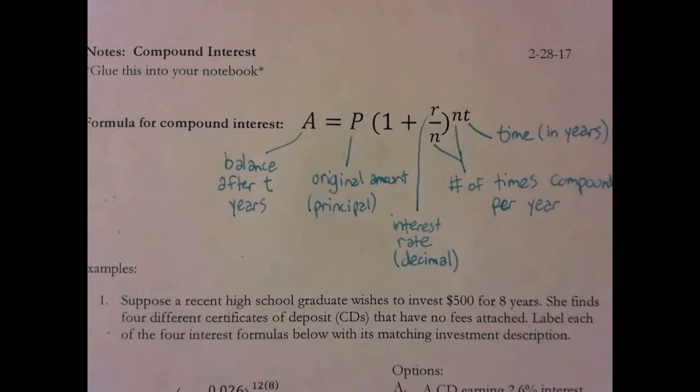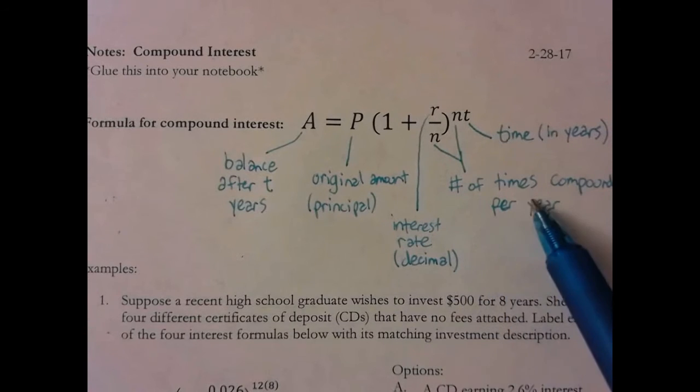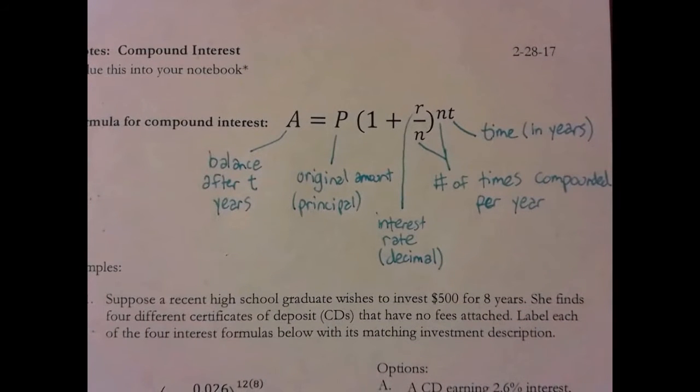One thing I need to point out is our N: notice it's the number of times compounded per year. The problem might not say it's compounded 12 times a year. Instead, it might say it's compounded monthly, or instead of 365 times a year, it'll say compounded daily.